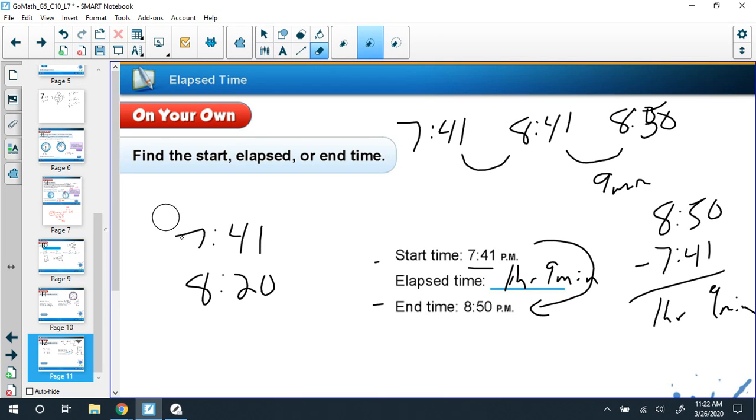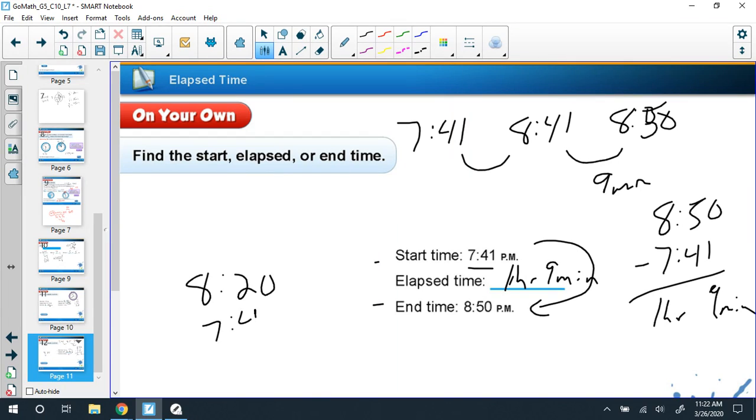And if we flip it over and we put 7:41 down here, how do we do this whole regrouping thing? Because we would have to regroup here, and 10 minus 1 is 9, but then 1 minus 4 doesn't work. And I can't just pull a 10 out of here. It gets really, really tricky.